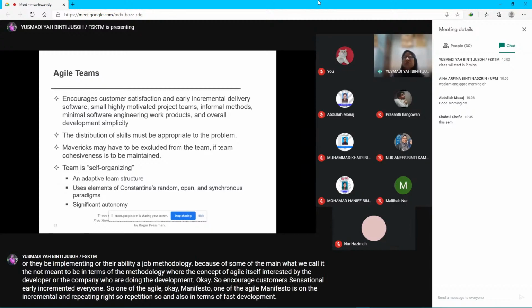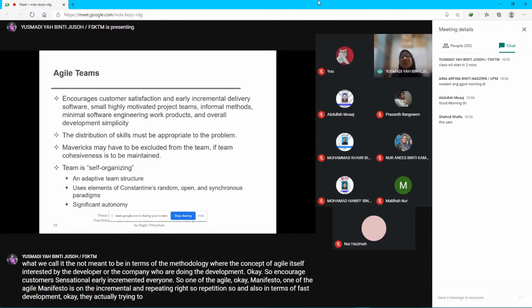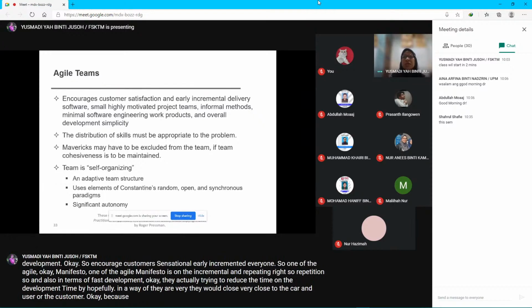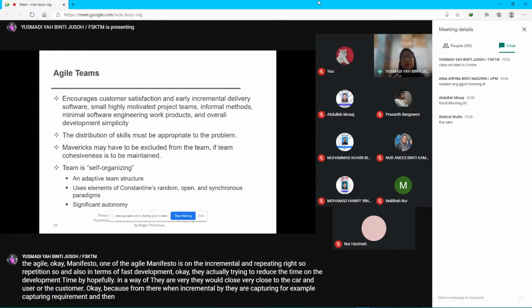They are trying to reduce the development time, but hopefully they work very close to the end user or the customer. Because from there, in the incremental part, when they are capturing requirements, there is more interaction with the customer or the end user. Okay, that is about agile.